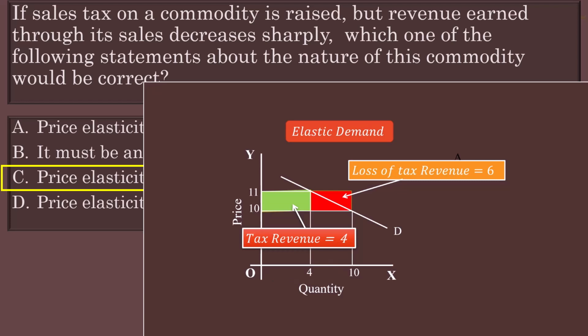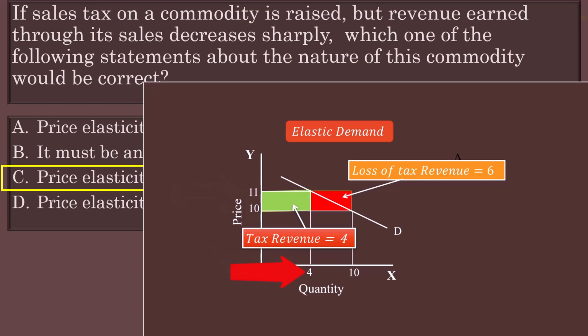Thinking that by imposing 1% tax it can get 10 rupees tax revenue, the government imposes the tax. After the imposition of tax, the price increases from 10 rupees to 11 rupees. Since the product is facing elastic demand in the market, the demand falls from 10 units to 4 units.